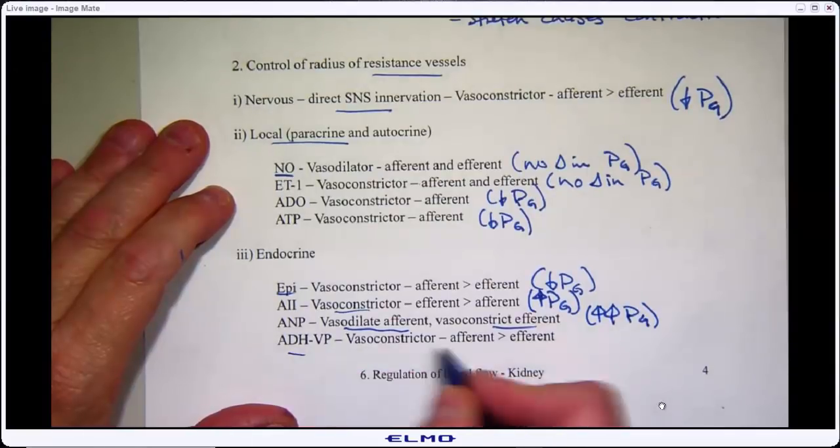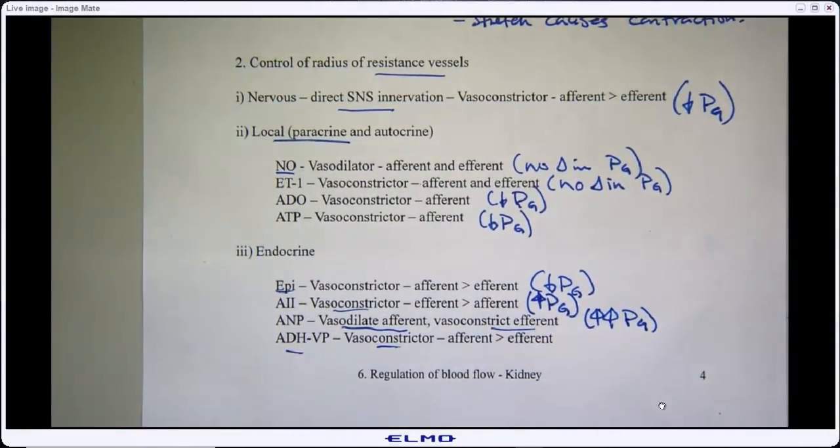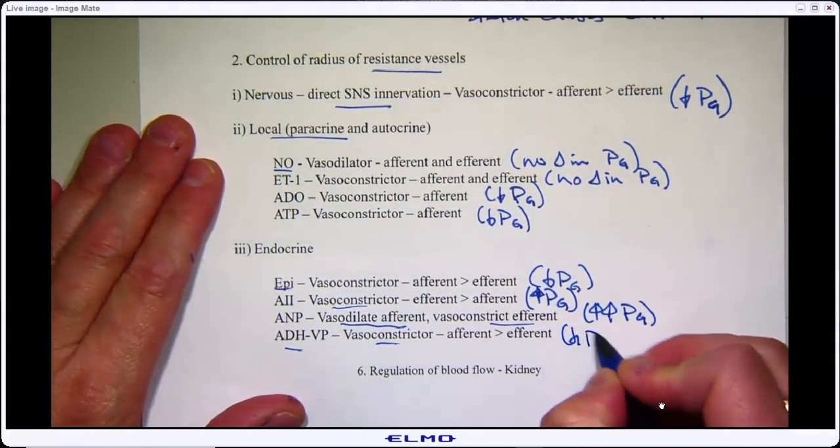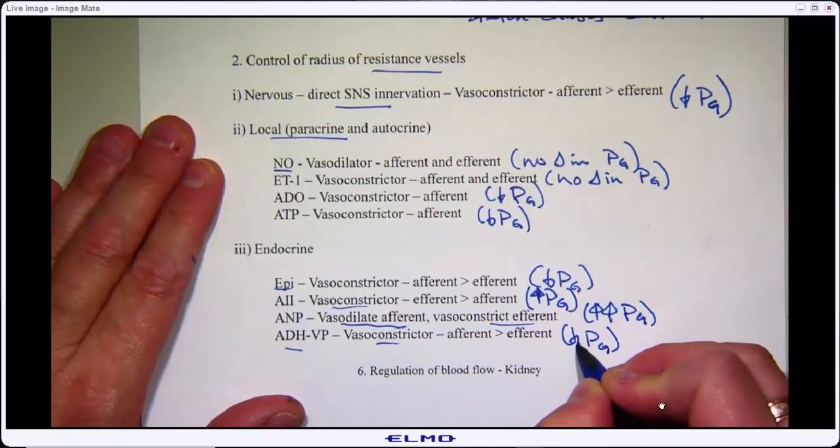And ADH, we've planted ADH in here before. ADH is a vasoconstrictor down here of afferents over efferents. So let less in, and let the equal amount out. We're going to drop pressure in the glomerulus.